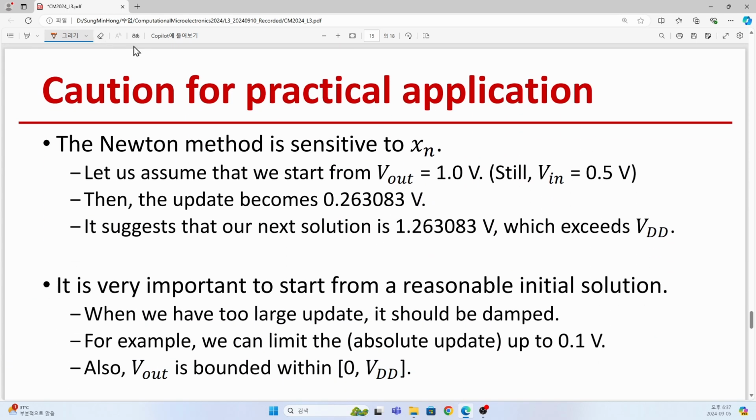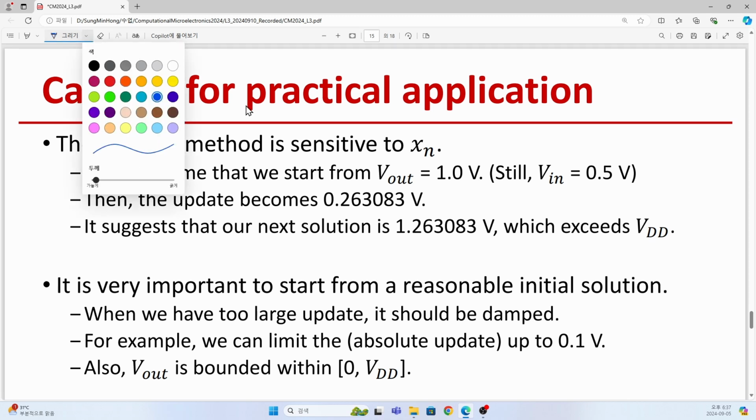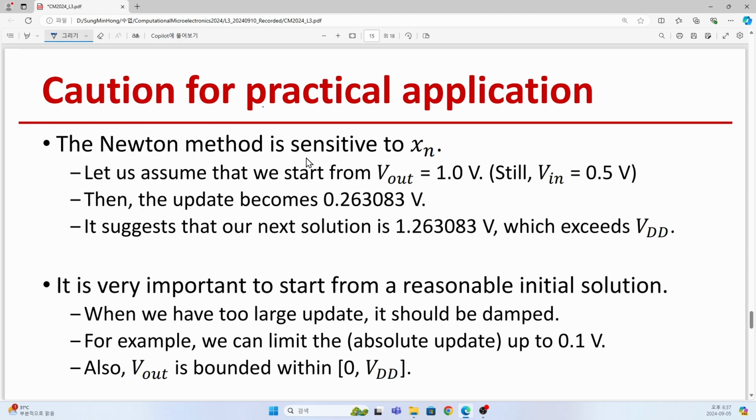However, I wanted to give you a caution for practical application. The Newton method is quite sensitive to the temporal solution, the approximate solution. Previously, we have talked about starting from 0.1 volt, but instead of that, let's assume that we are now starting from 1.0. Yes, still input voltage equal to 0.5.